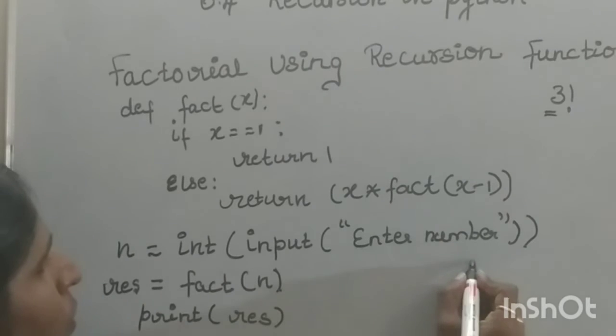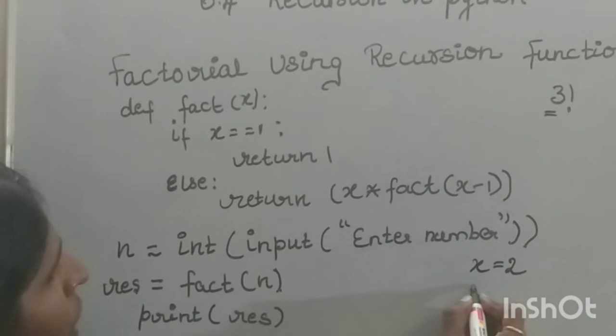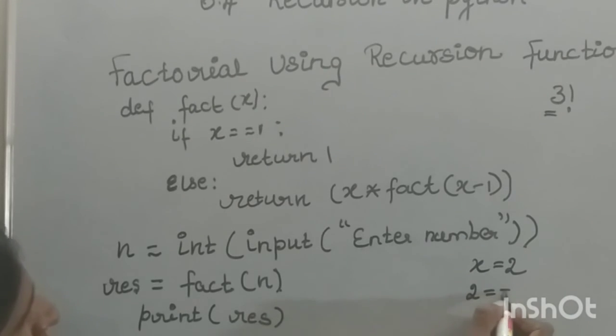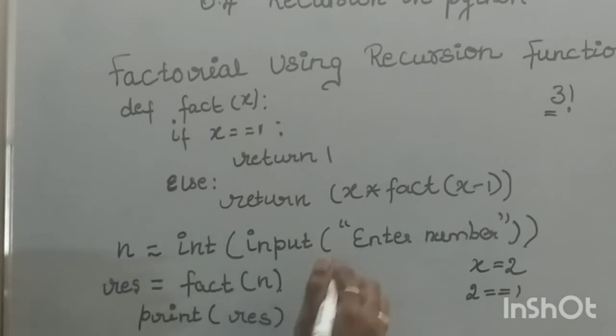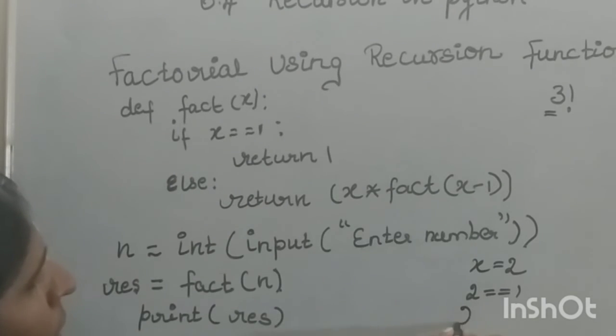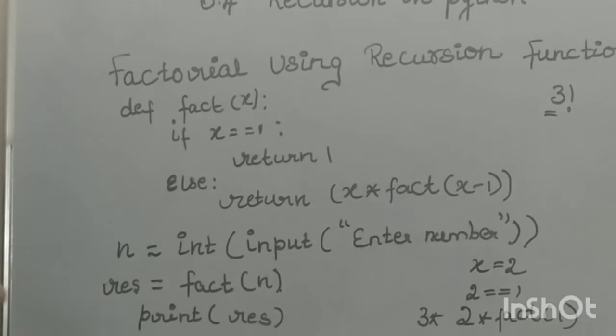Now x value equal to 2. Now it is checking 2 equal to 1. It is a false statement. So the control transfers to the else part. Here what happened? 2 into, already we have a 3. 3 into 2 into fact of, now x is 2, 2 minus 1 is 1.